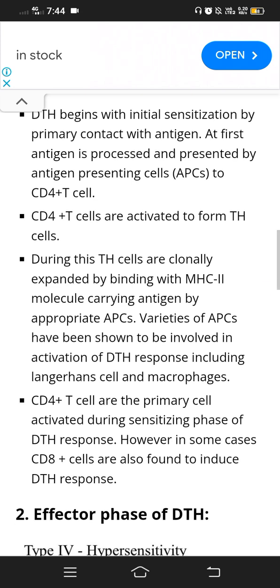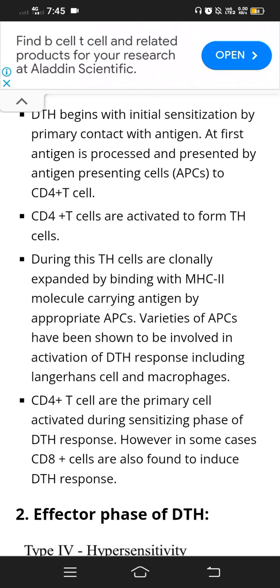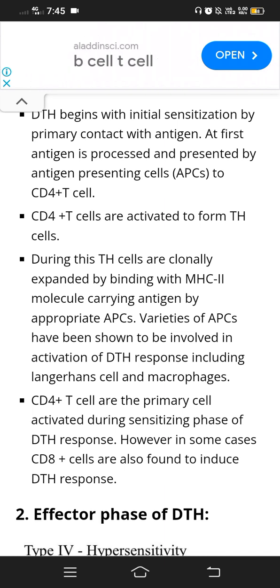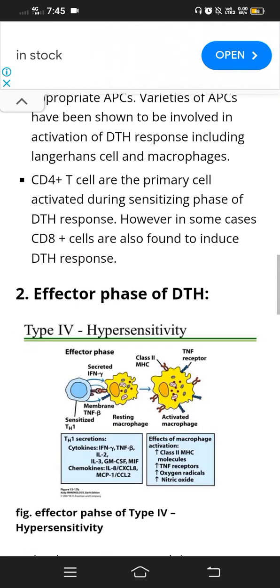A variety of APCs have been shown to be involved in activation of the DTH response, including Langerhans cells and macrophages. CD4 plus T cells are the primary cells activated during the sensitization phase of the DTH response. However, in some cases, CD8 plus cells are also found to induce the DTH response.